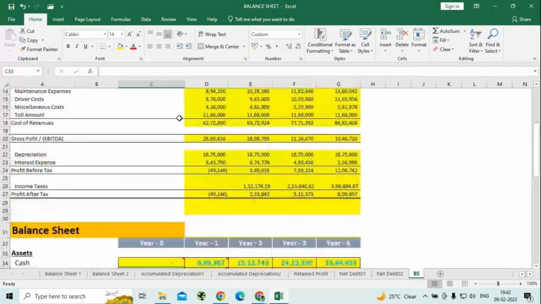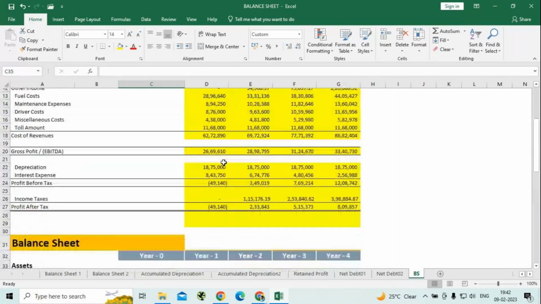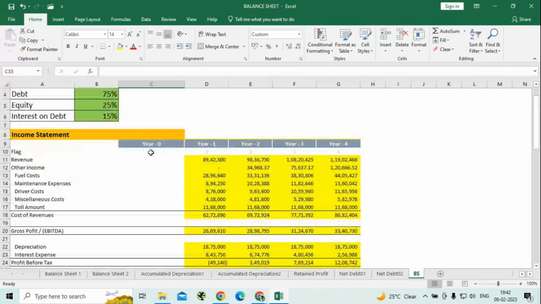So this will be, and you should observe in the balance sheet, it is going to be given from year 0 onwards till the end of the period. But when it is prepared with income statement, there is no value will be given for the year 0. It is from the year 1. Income statement present.